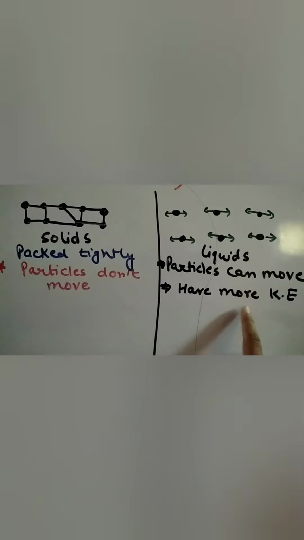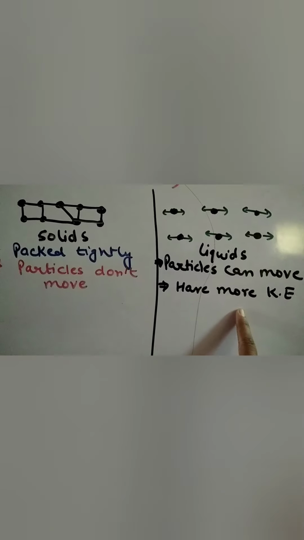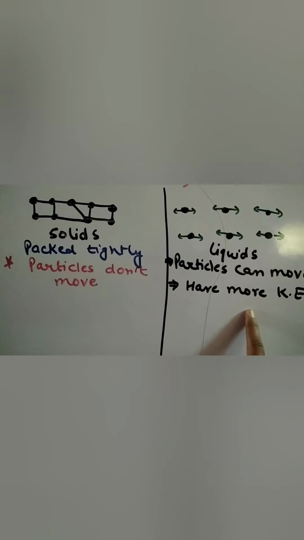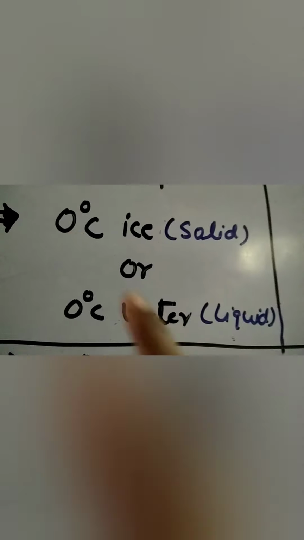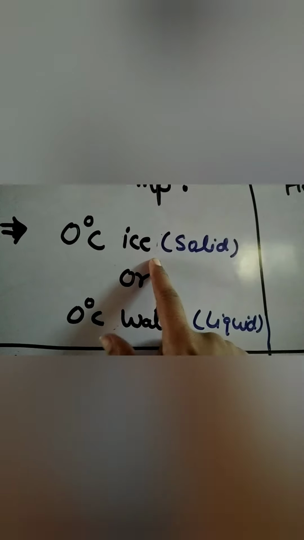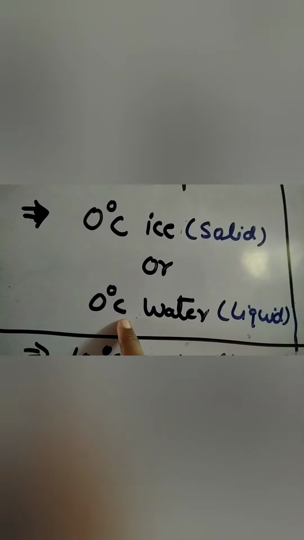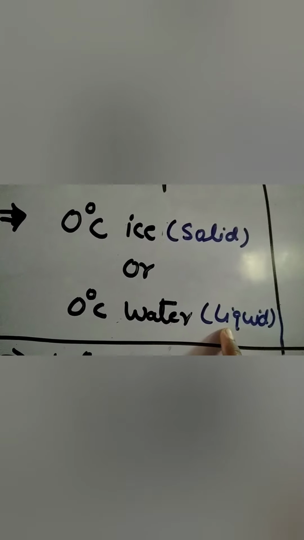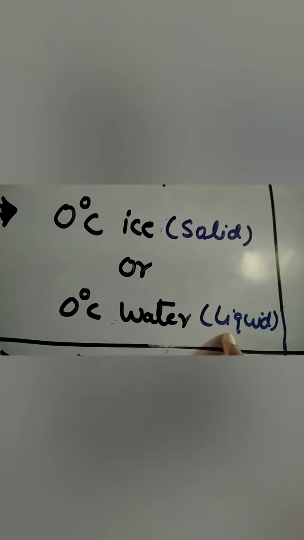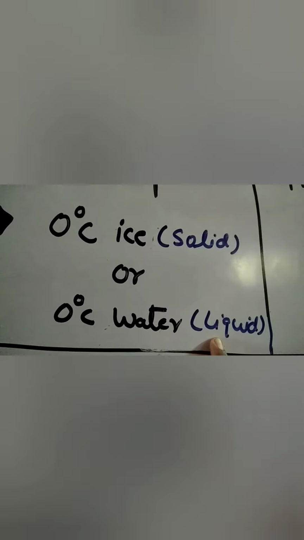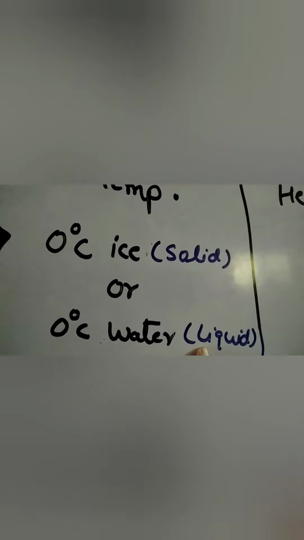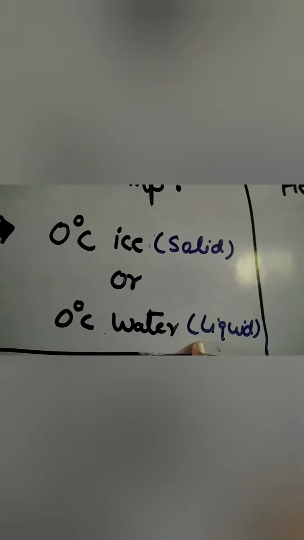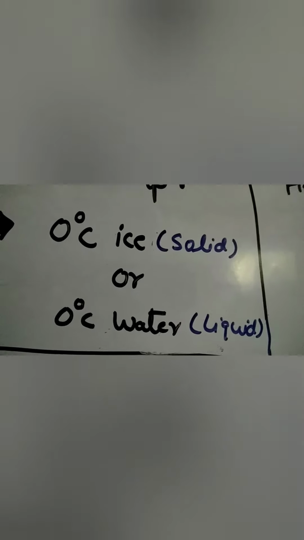This kinetic energy adds on to the heat energy. So we can conclude that out of 0 degrees centigrade ice, which is solid, and 0 degrees centigrade liquid water, the water, even though the temperature is the same, would have more heat energy, because some of the heat energy will be contributed by the kinetic energy of the liquid.